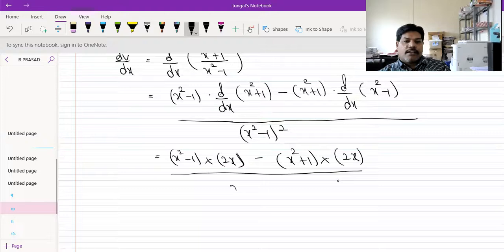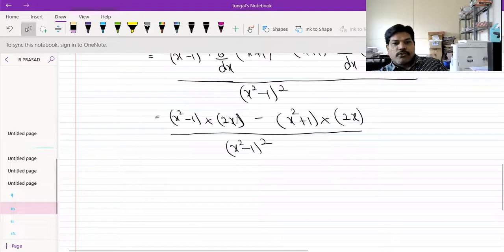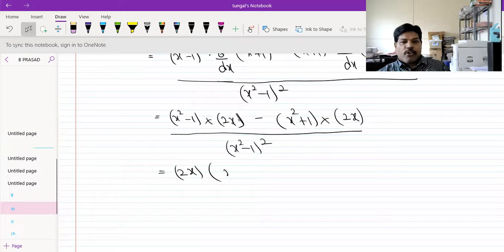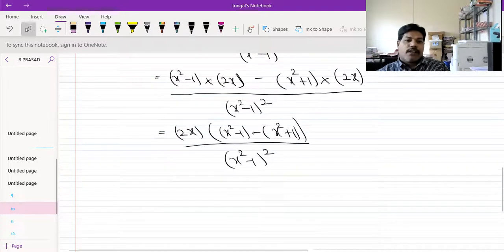Next, in the denominator you will get x square minus 1 whole square. In the numerator I observe that 2x is common, so I will take 2x common. It becomes x square minus 1 minus x square plus 1, whole by x square minus 1 whole square.